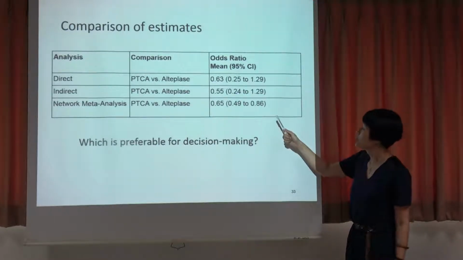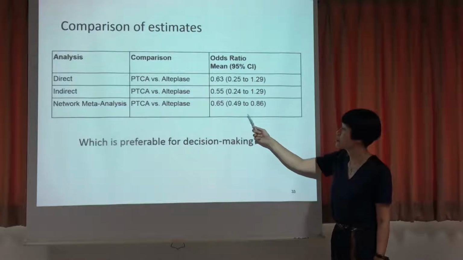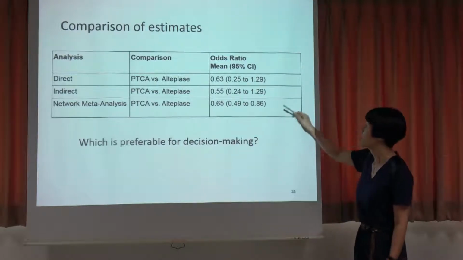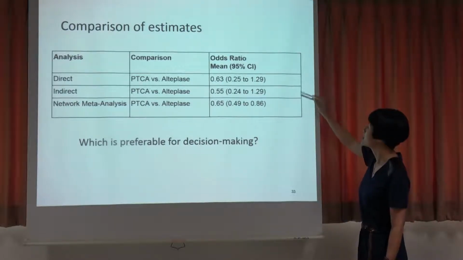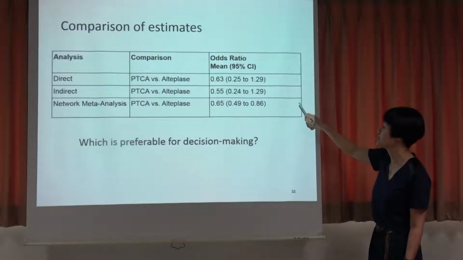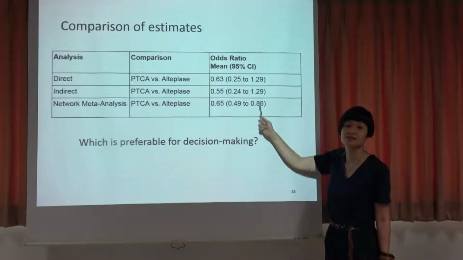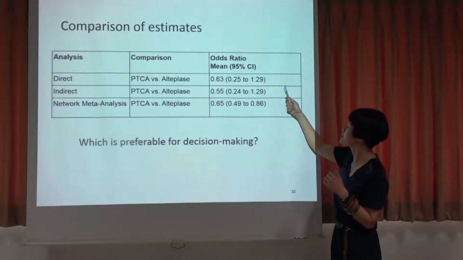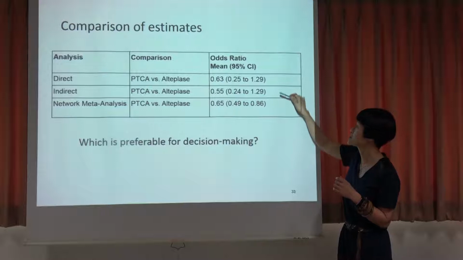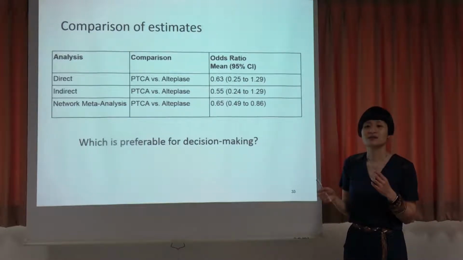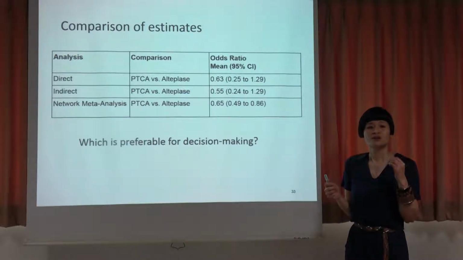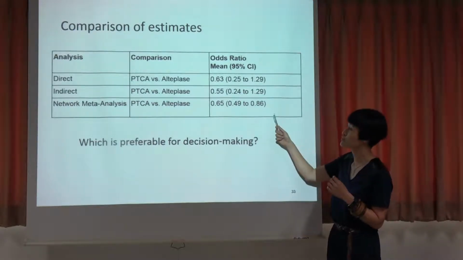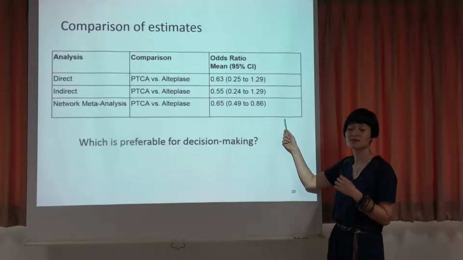Now, but I would only believe this is robust when you compare the direct, indirect, and network meta-analysis evidence, that there's relative consistency across them. So if the direct and indirect evidence, in particular, are very, very different, it suggests that the studies are not consistent, then I would probably not go with the network meta-analysis estimate.